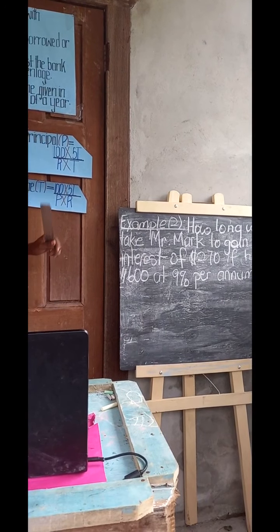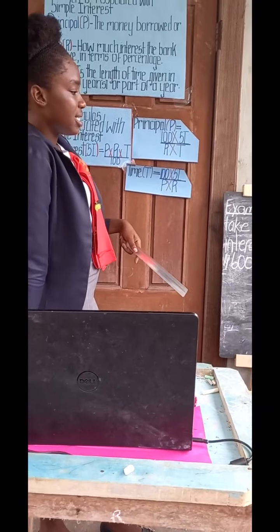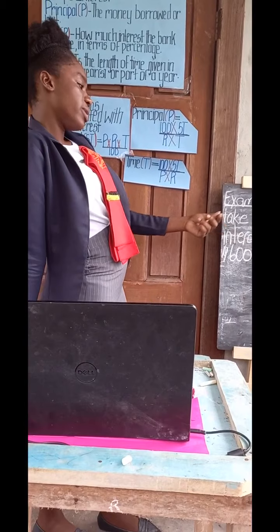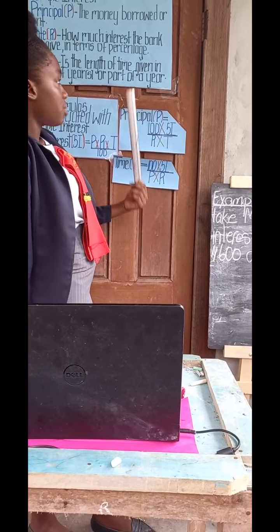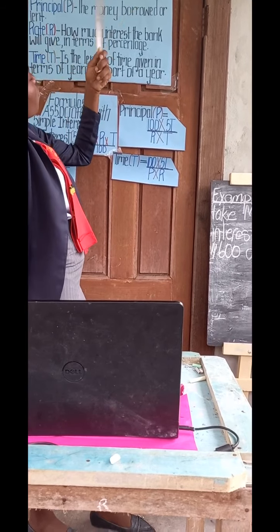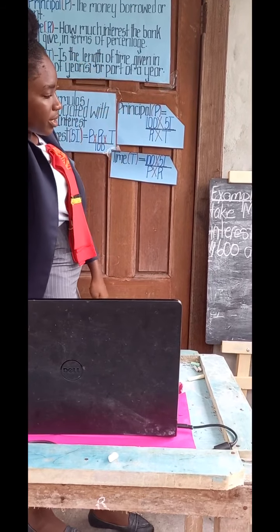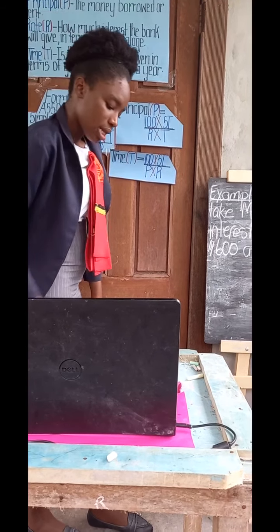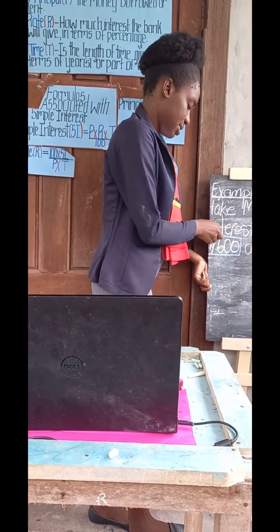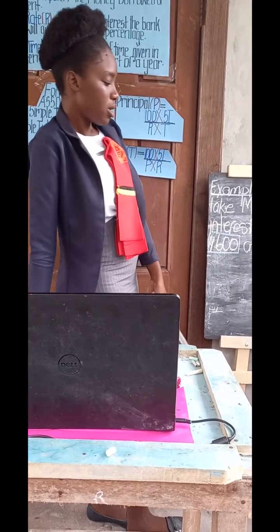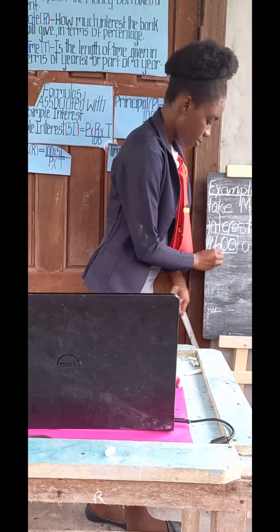So let us figure out what we have. It says how much he will gain if he invests $600. So the money that is borrowed or lent, what is that called? It's the principal. So he's going to lend this $600. Right? So this is the principal.